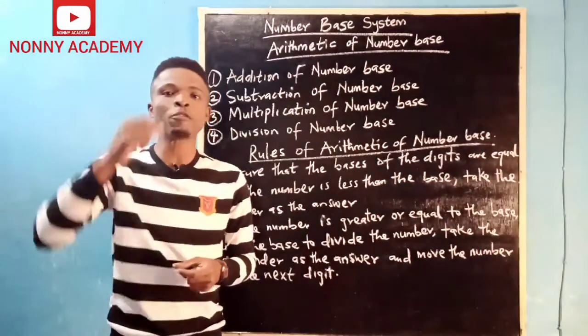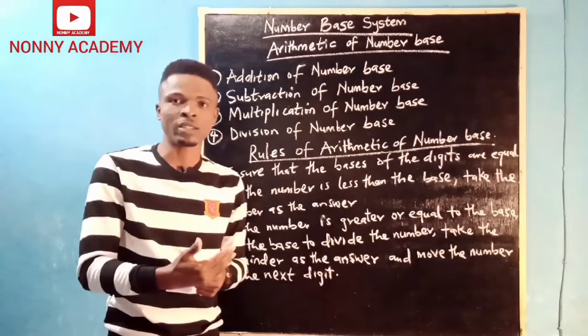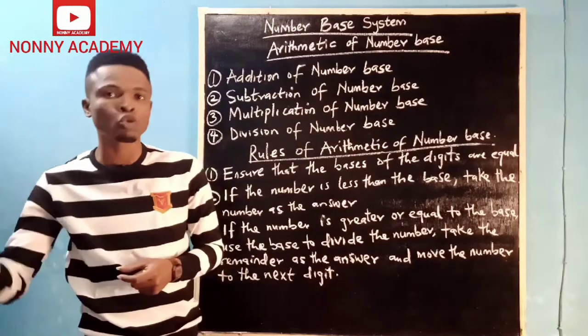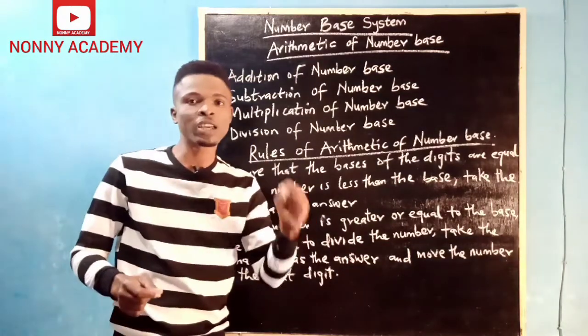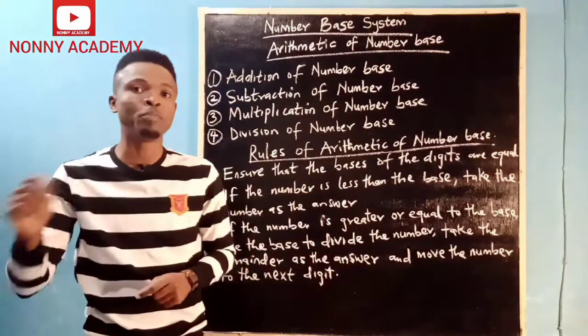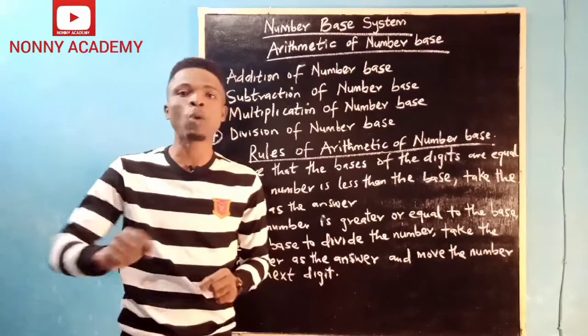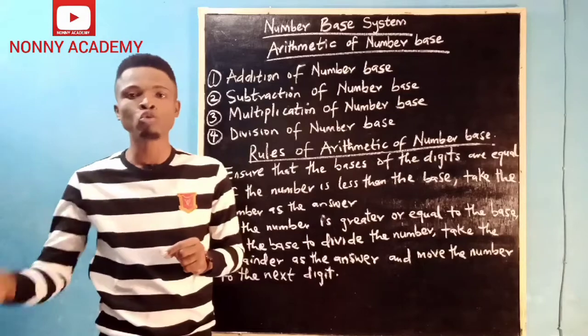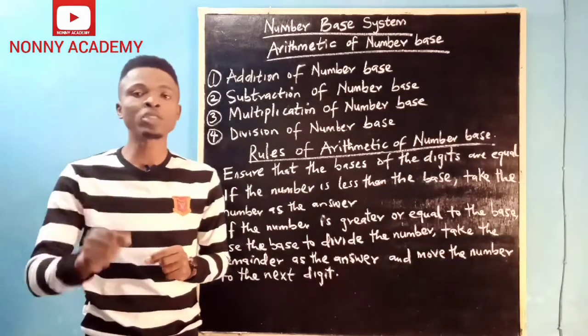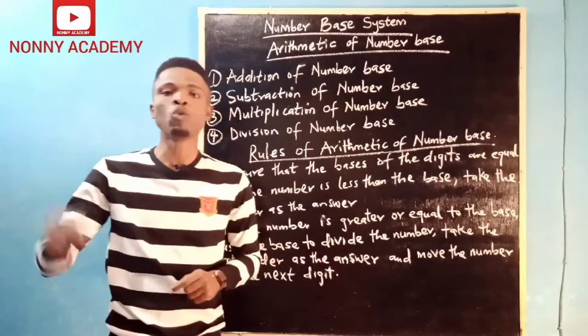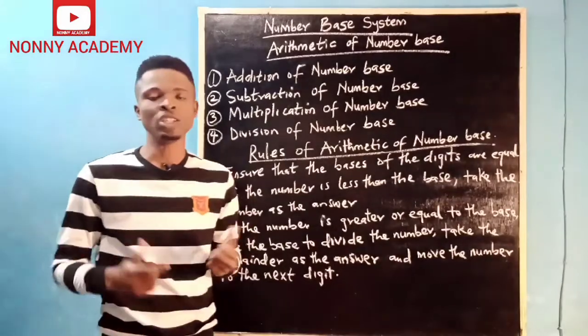That is to say, if after adding I get 3 and the base of the digit is 2, the number which I got, which is 3, is greater than the base, which is 2. I will not put that number as the answer. Rather, I will divide 3 by 2, which is the base. Then I will put the remainder as the answer, and I will move the number to the next digit.